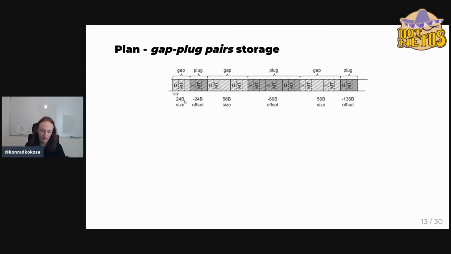We have already read from memory places like here, somewhere here. So cache lines and caches are warmed around these memory regions because we have already scanned those objects during our plug and gap creation. If we have already warmed our caches around this memory, it is worth reusing this part of memory. So instead of keeping all this data somewhere else, we will reuse the managed heap itself for storing it.